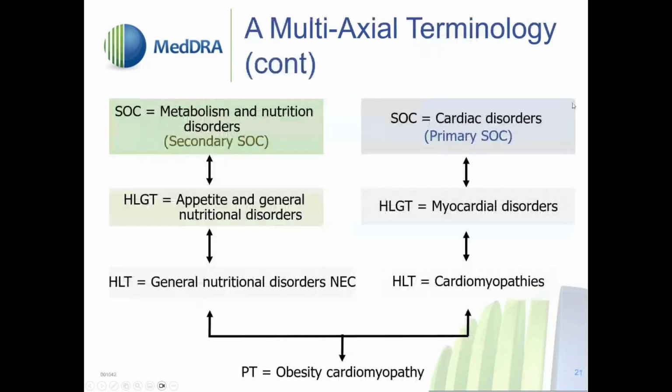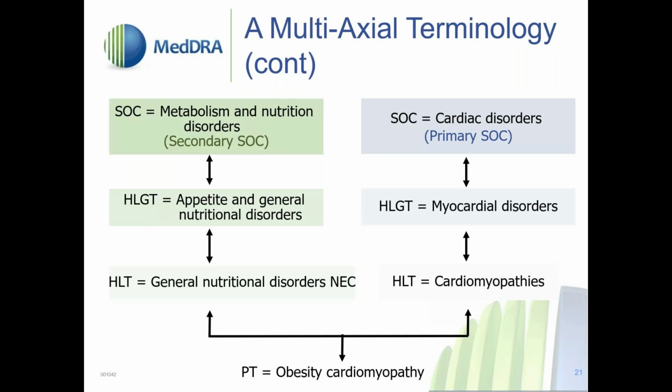Okay, so here's an example of a medical term, obesity cardiomyopathy. It manifests as a cardiomyopathy, so it's linked primarily to the cardiac system organ class on the right hand of your screen in blue. However, this is also a condition that is related to obesity. So the same preferred term has a secondary link to the metabolism and nutritional disorders.